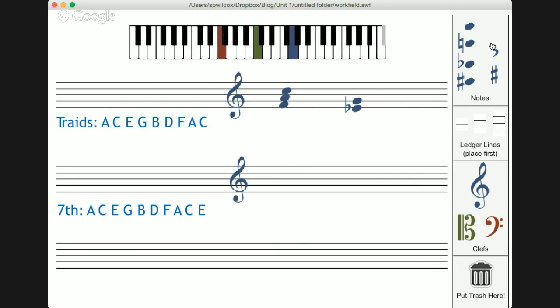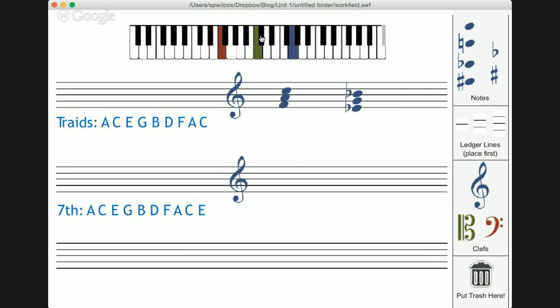G and B flat. Now, if you remember, last unit, we talked about counting semitones, and I said I like to think of it as kind of motions away. So if I look at C and E, I said that that was a major third, and I count that by going one step from C to C sharp, 2 steps from C sharp to D, 3 steps from D to D sharp, 4 steps from D sharp to E. That's how I get 4.